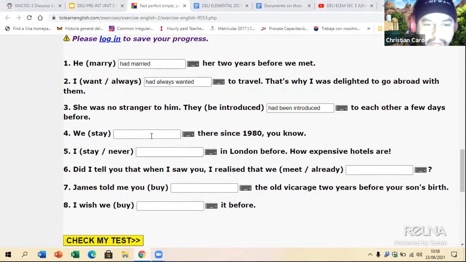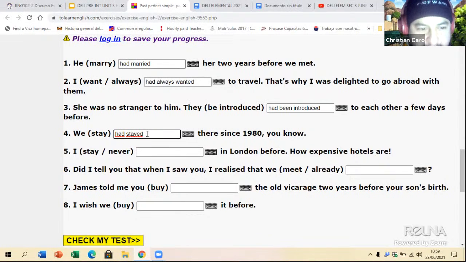Then it says number 4. We. We already know the first thing that goes, that always goes. But we have to decide whether stay is conjugated in the past participle, like stayed, or been staying. Been staying or stayed there since 1980, you know. Somebody stayed. We have stayed. Do you guys agree?